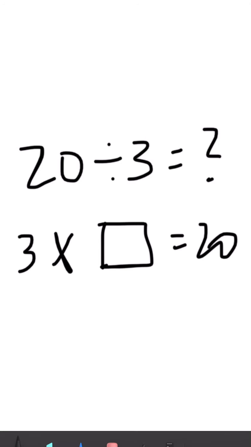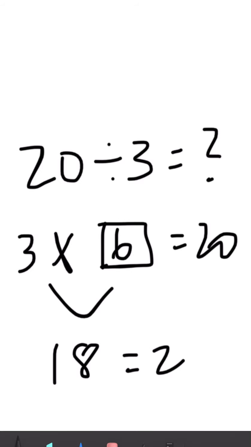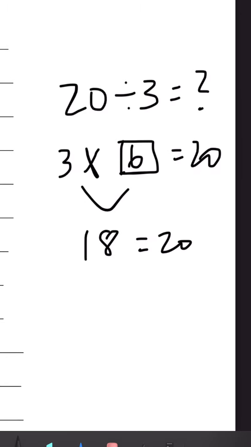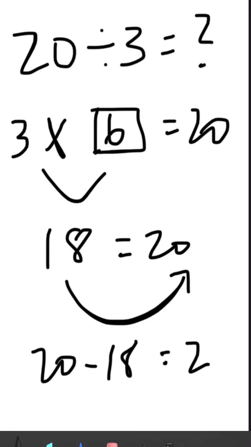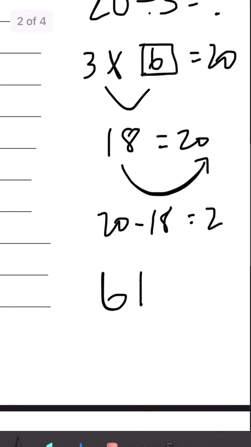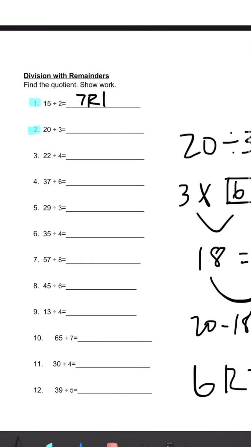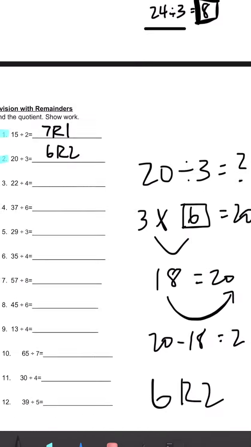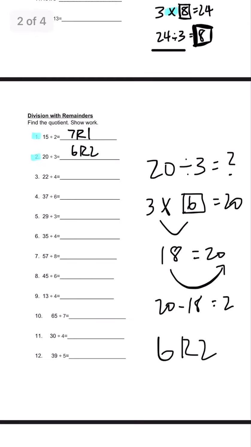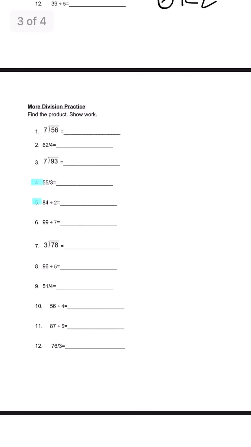So maybe we'll try, let's see, 3 times 6, because 3 times 6 gives you 18. That's pretty close to 20. So we'll move this onto this side and we'll do 20 minus 18, which is 2. So your answer will be 6 remainder 2. Okay, so go ahead and try the rest. We'll move on to page 3.